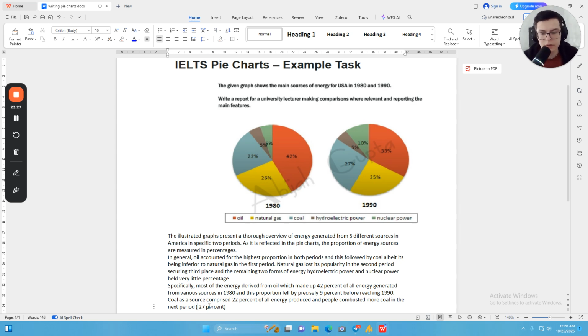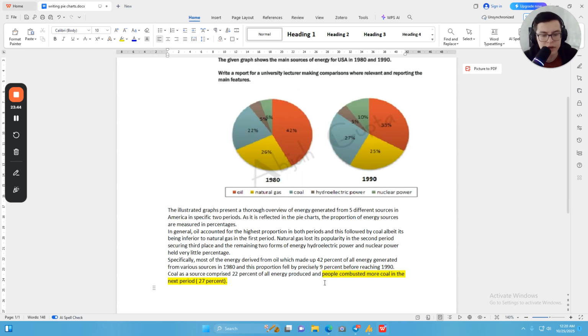So, coal as a source comprises 22% of all energy produced, and people combusted more coal in the next period. So, I should highlight this part: people combusted more coal. I'm using parentheses in order to write my percentage. So why is it important? Let's say you don't want to describe the pie chart, but you want to use your own words, such as it is evident that people actually burn coal in order to generate energy.